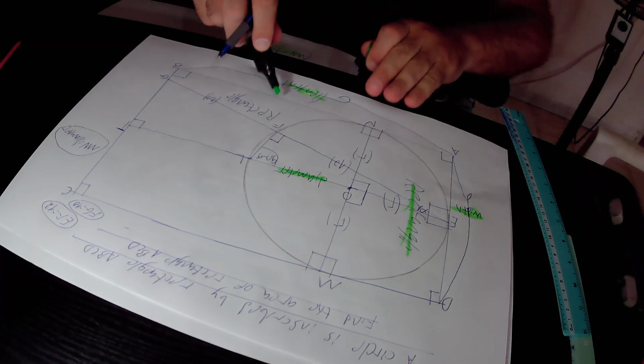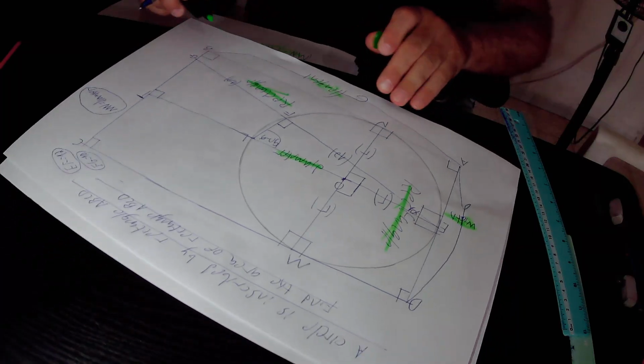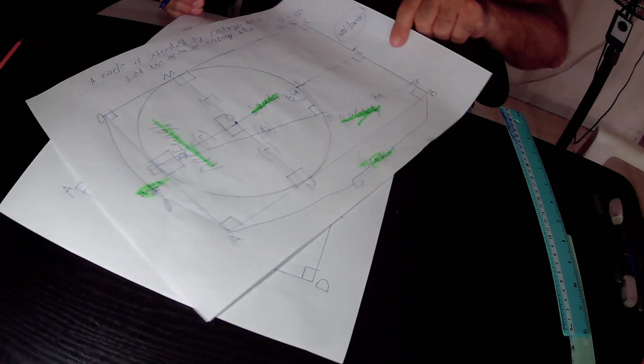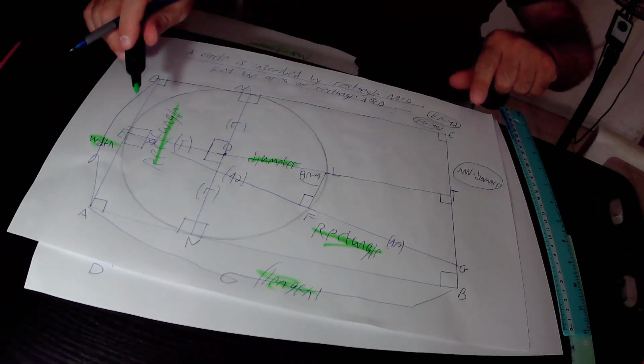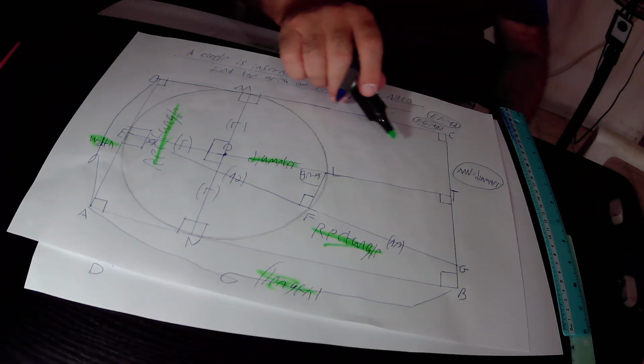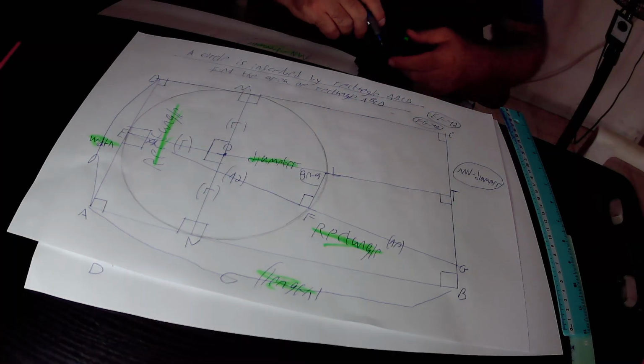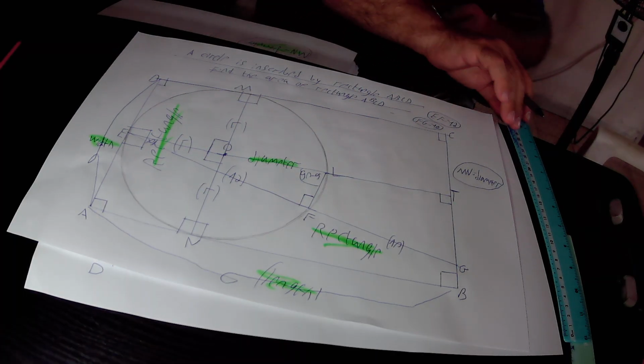But we also know that the opposite sides of a rectangle are equal to each other. So in the big rectangle ETBA, side ET must be equal to the opposite side AB. So write it down.